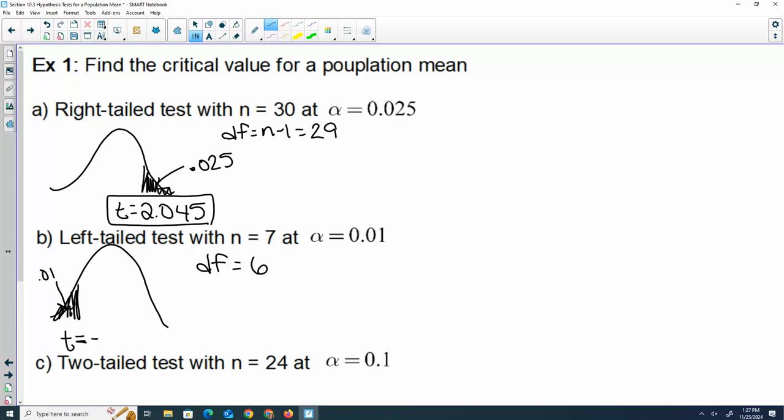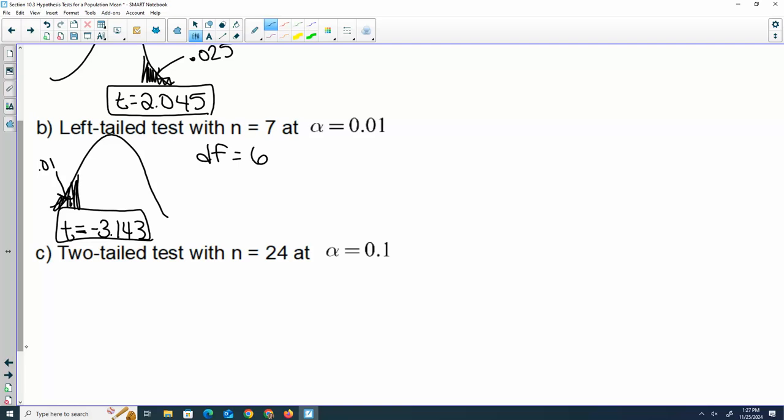And I'm going over to 0.01, and I get 3.143. But because it's to the left, it would be negative. Did you guys get both of those?